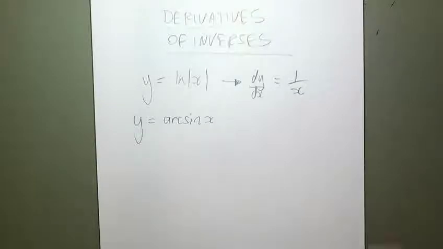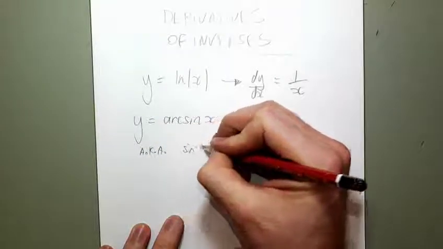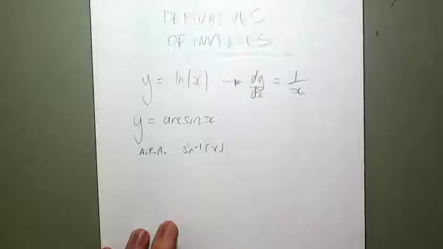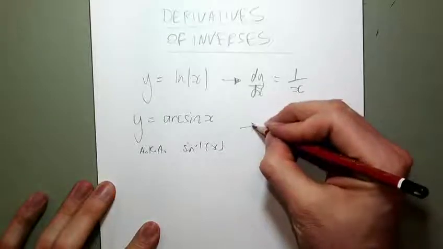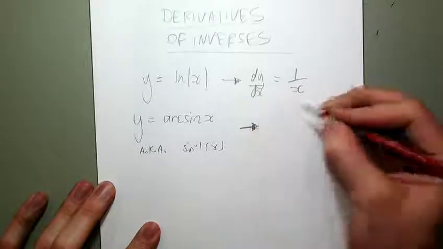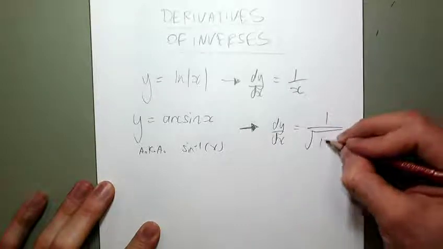But it's also known as sine to the minus 1 x. Okay, so either one, doesn't matter. They're different names for the same function. The derivative of that is 1 over root 1 minus x squared.